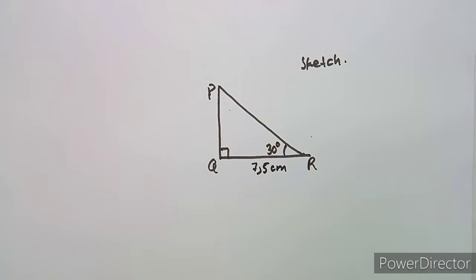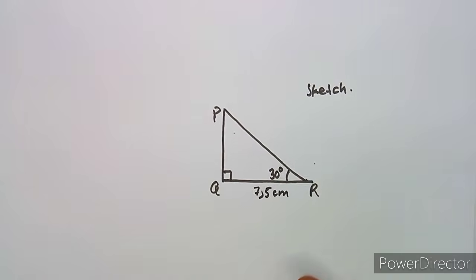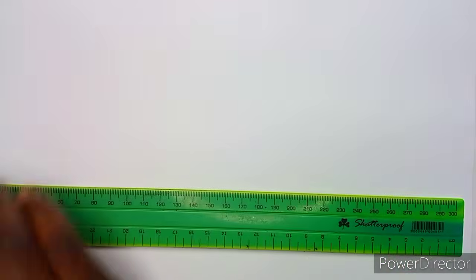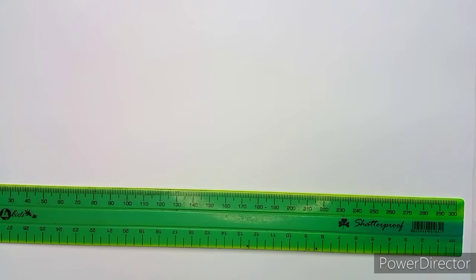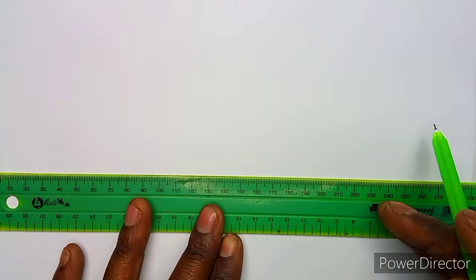Therefore we must construct this. So what we are going to do is to make sure everything is in contact, guys, whenever you are working with such typical questions. I'm going to have my line in this case where I'm going to construct this. I'm going to use just a normal line, guys.